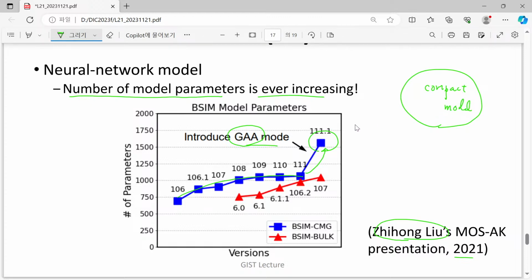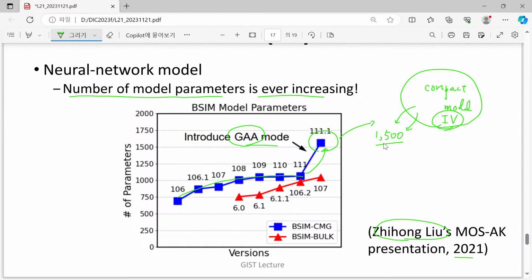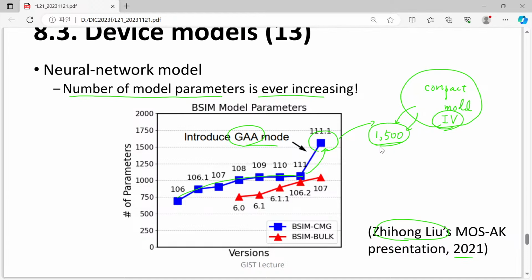Instead, BSIM provides 1500 model parameters, and what they do is try to match their experimental IV data and the compact model's predicted IV data perfectly. How? They just adjust these parameters automatically or manually to fit the experiment and their prediction.